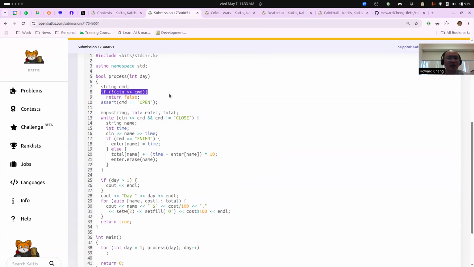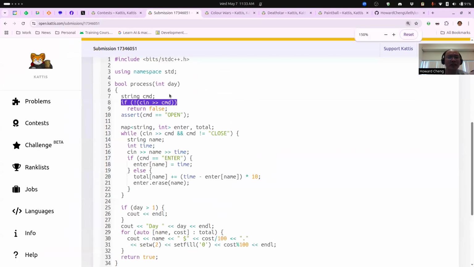This is a shorthand where I try to read the string, and it returns a value that can be evaluated as true or false. If it's false, that means the last reading operation was unsuccessful. How can it be unsuccessful? Because there's no string to read, because it's EOF. So if you try to read the first thing during the day and it was unsuccessful, that means there's nothing more, so I return false. Otherwise, at the end, I have processed something, so I return true.